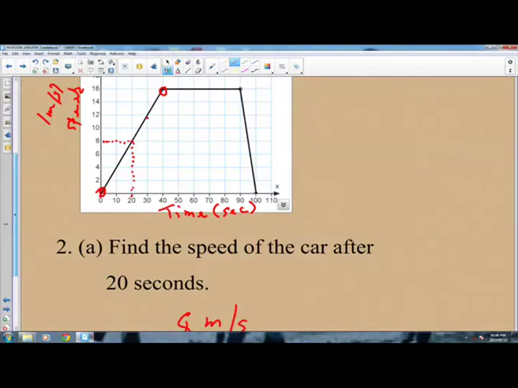So all that we need to do is to pick any 2 points. We can pick the point 0, 0 and the point 40, 16. Or you can decide to pick the point 30, 12 and another point. But as for this question, let me pick the point 0, 0 and the point 40, 16, and use them to find the slope of this line.